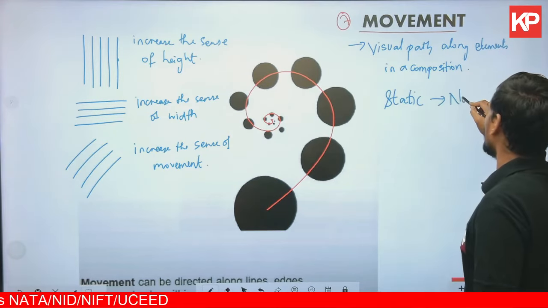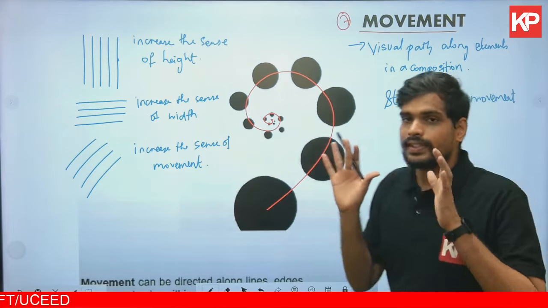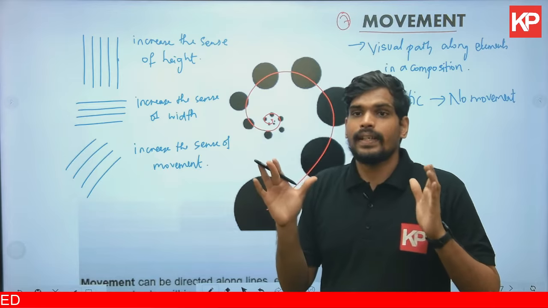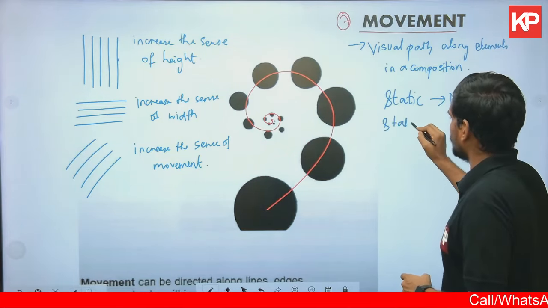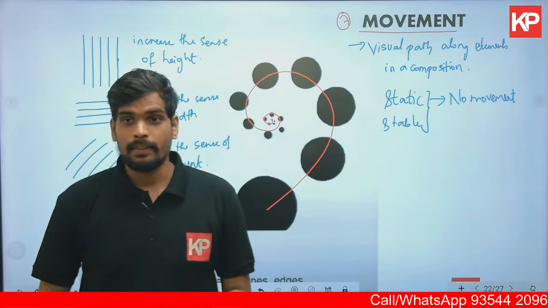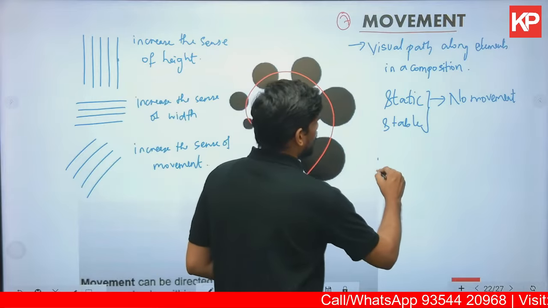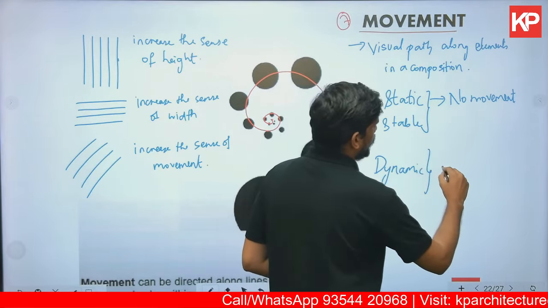Static is basically no movement in design. If something looks stable, if nothing is moving, that is called static or stable. If there is no movement, it can be called a static design or a stable design. If there is a sense of movement, it is called a dynamic design. A dynamic composition will have movement.